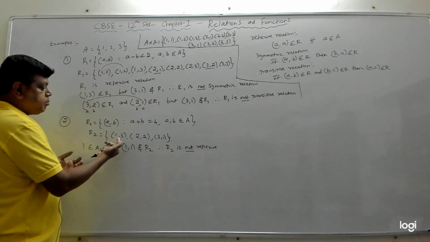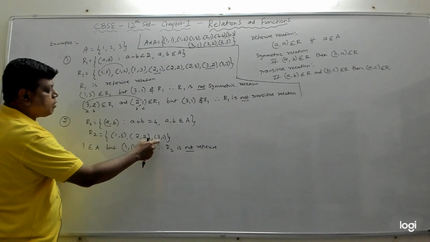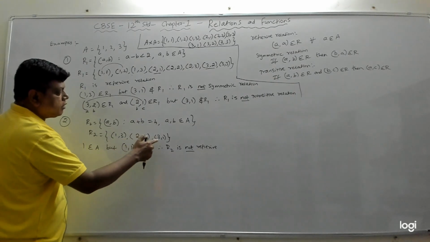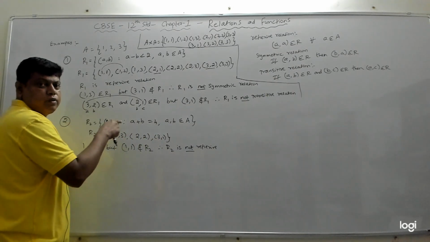So for every (a, b), its reverse is there. The reverse of (1, 3) is (3, 1), the reverse of (2, 2) is (2, 2), and the reverse of (3, 1) is (1, 3), all of which are there. So for every element, it is true.